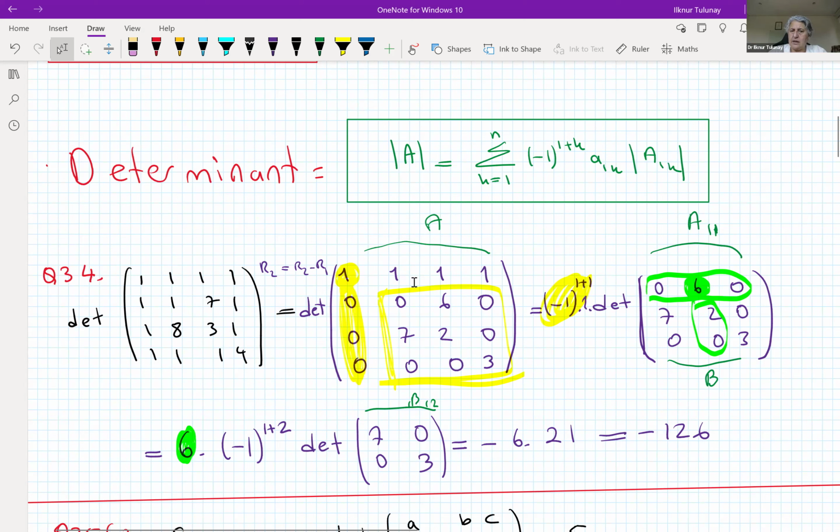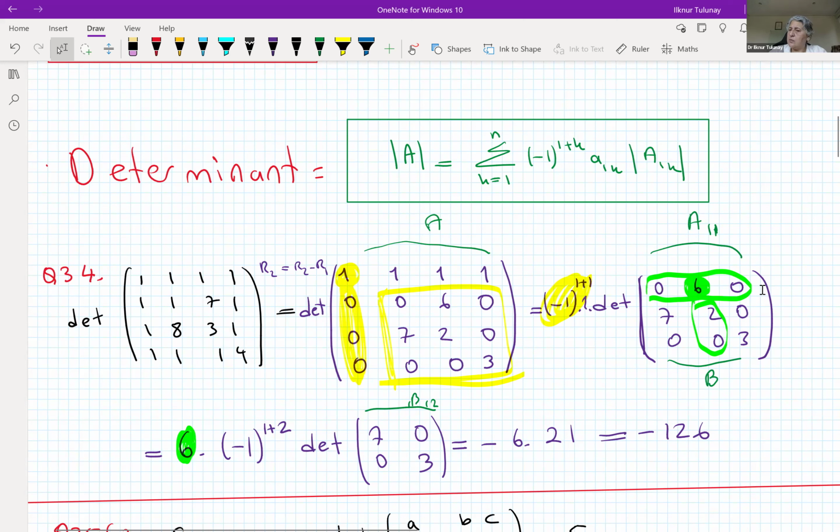Then A11 is the minor, what we call the 1,1 minor, the matrix we obtain by removing the first row and first column. This is the matrix that we are going to get, and the straight line means the determinant of this matrix that we are interested in.